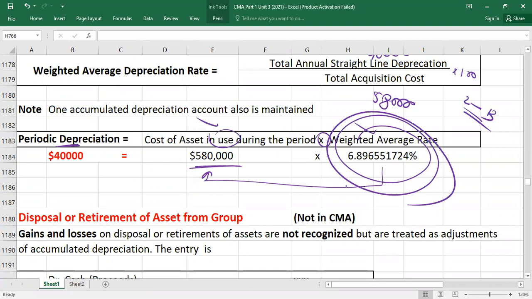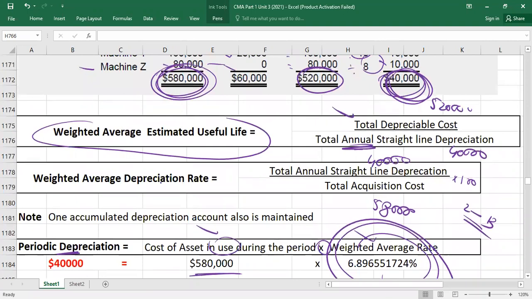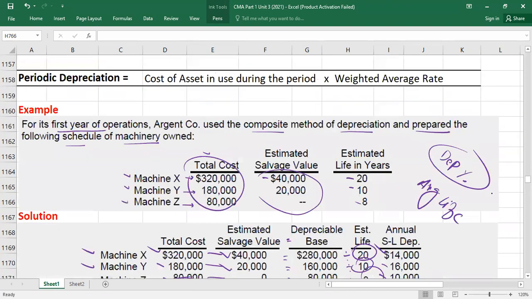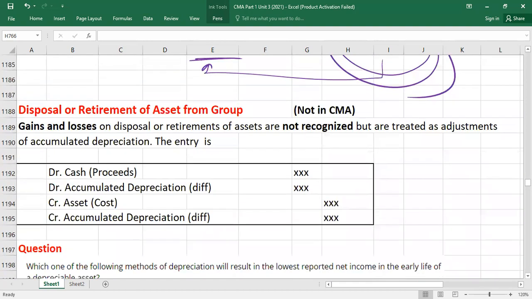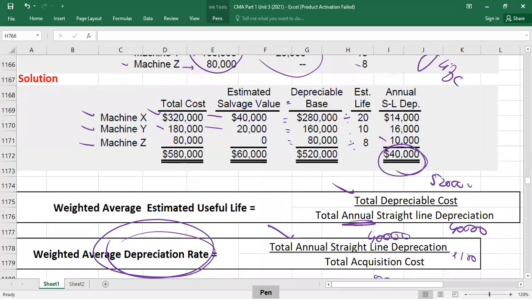Because of the depreciation percentage, how you took depreciation there. Right or wrong? You have already adjusted the residual value there. So here, how did you calculate the depreciation rate? The annual straight line depreciation of 40,000 already includes the factor of residual value, because you deduct cost less salvage value, then you get the depreciable base, then you divide by years, so it is automatically included there.